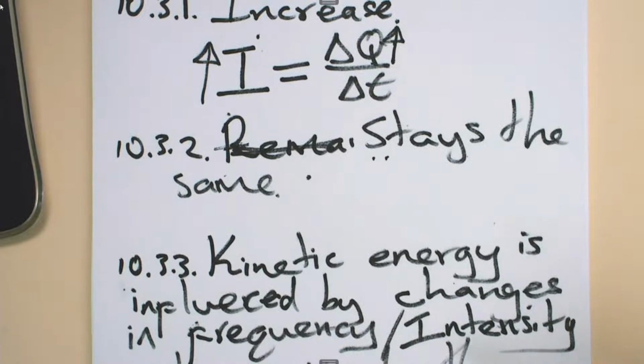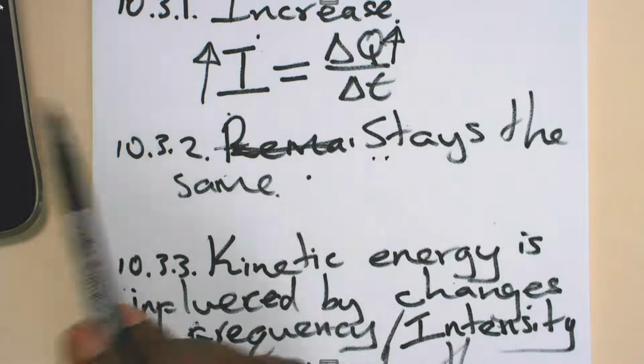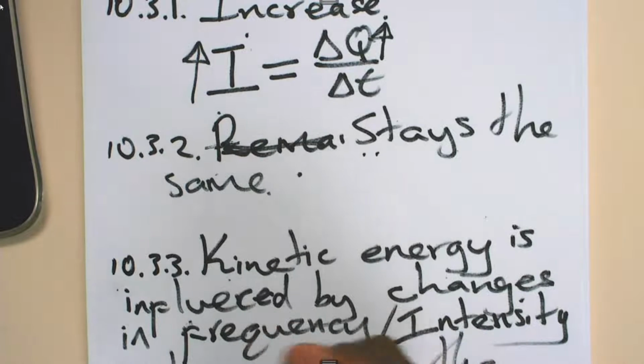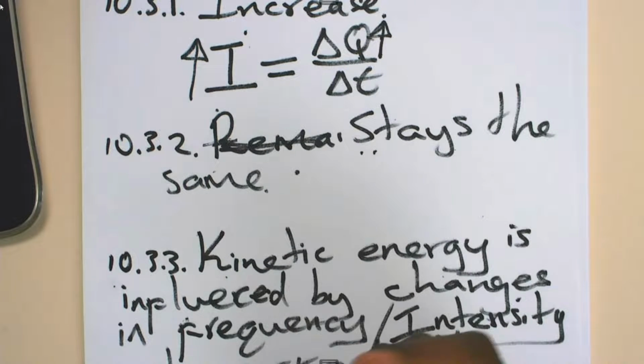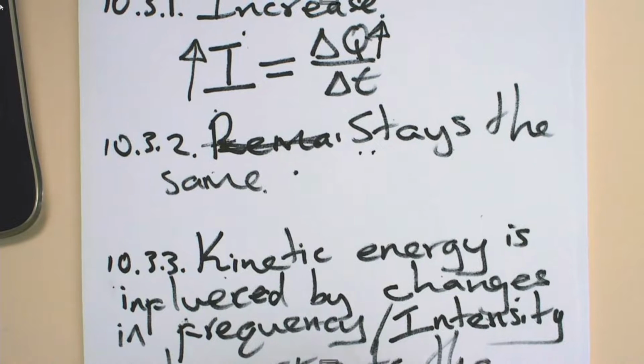That is what the intensity will change. But when it comes to kinetic energy and the speed, intensity does not have an effect on those, but it has an effect on the number of photoelectrons that are released per second. You can say per second here.